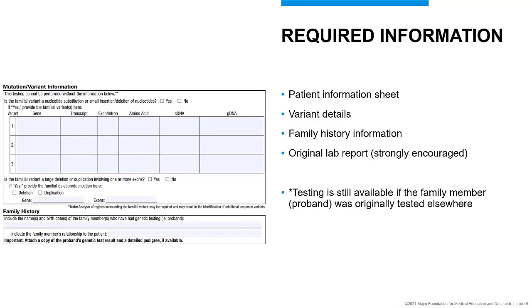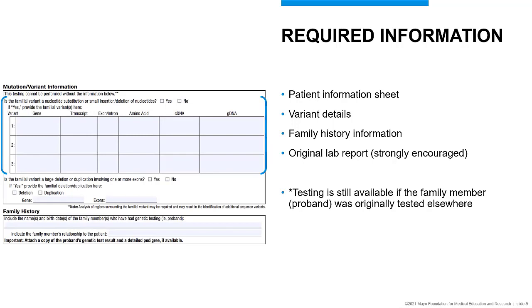In order to do FMTT, we need to know the variant of interest. This can be provided to us in one of two ways. The first is completion of the patient information sheet. This paperwork includes a section for the familial variant. If it is a single nucleotide substitution or a small insertion deletion, the top half would need to be completed.